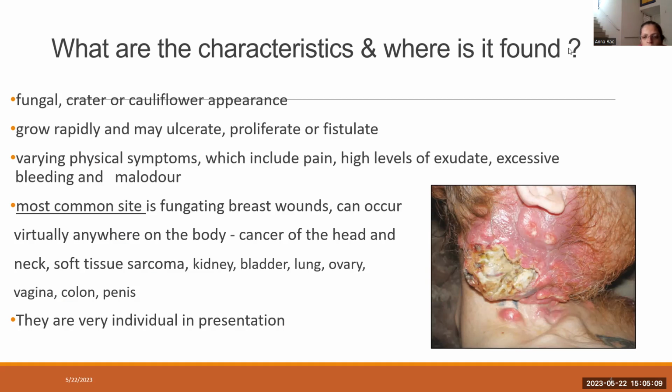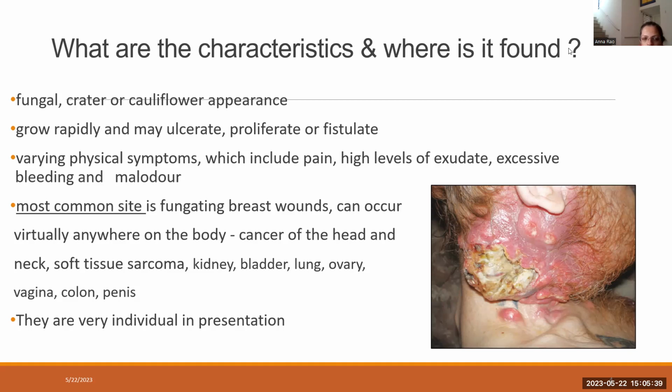Most commonly, in females, it will take place over the breast in case of breast cancer. Other cancers that are very common and likely to develop this are head and neck cancer. Even soft tissue sarcoma can develop into this type of ulcer or wound.